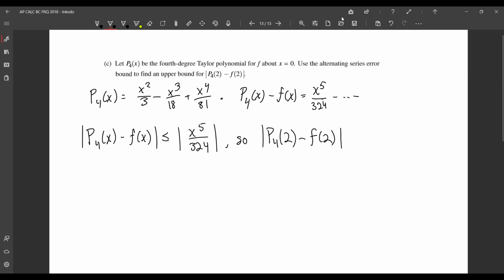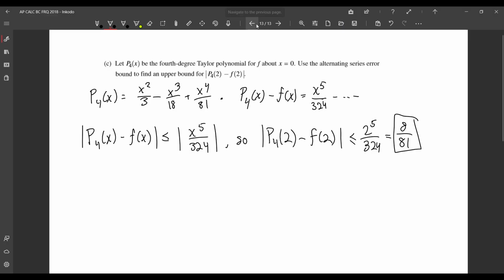This is the only answer on these free responses that I'm not sure on, but I believe that this would be 2 to the 5th over 324. And of course, after canceling out the 4 in the numerator and denominator, this is 8 over 81.